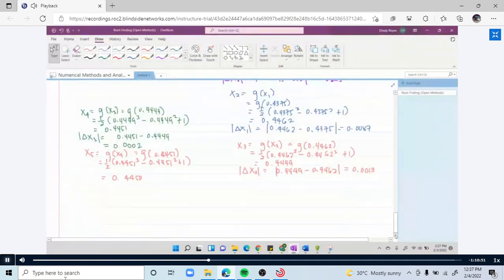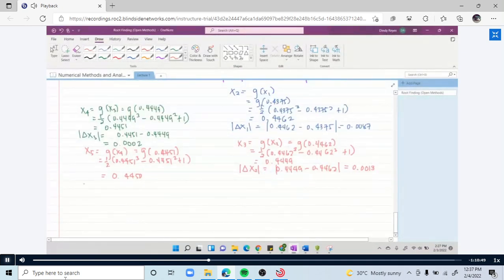Okay. And then, yung ating delta x sub 4 is obviously 0.0001. No? 0.4450 minus 0.4451. Absolute value. This is 0.0001.